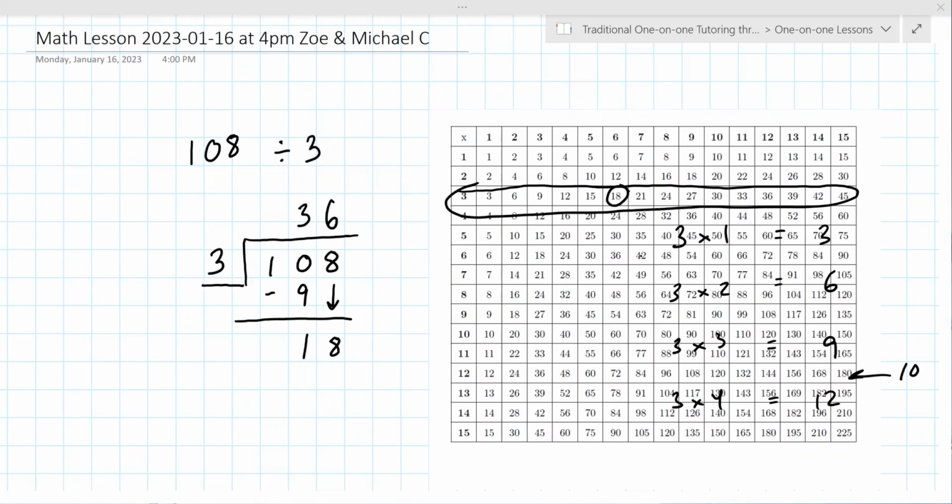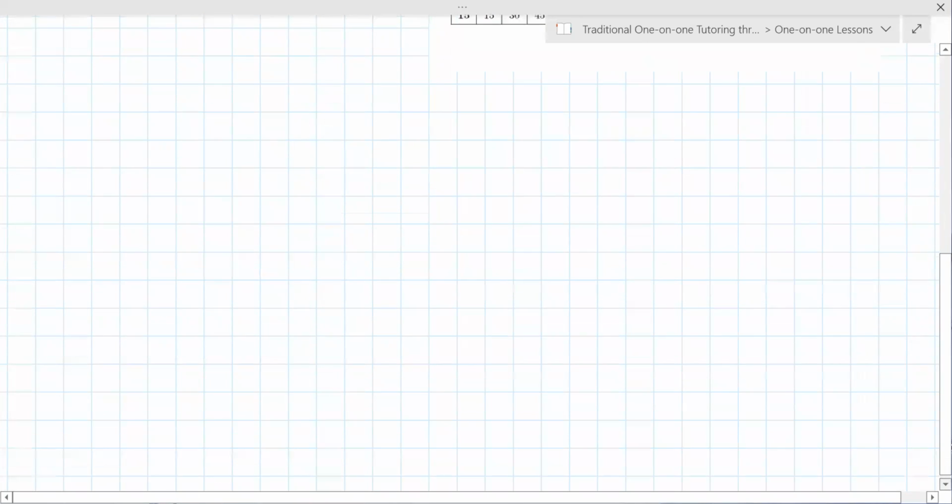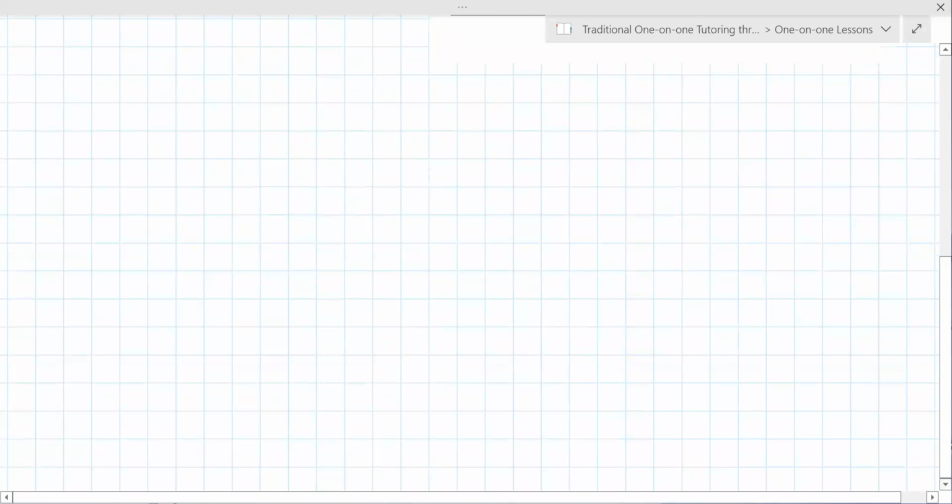All right, let's look at a new problem here. A new problem that I've come up with for long division. So let's try 162 divided by 6. Okay, so 6 is going to go on the outside of the house. 162 goes inside the house.